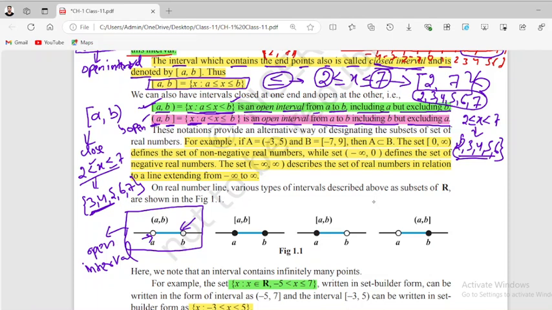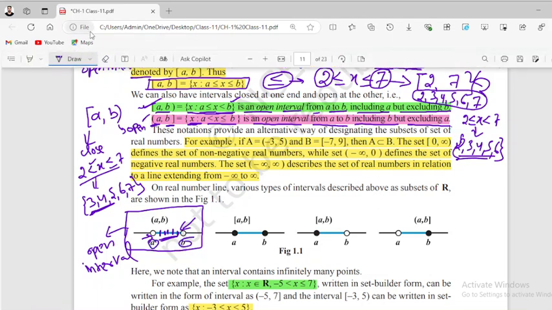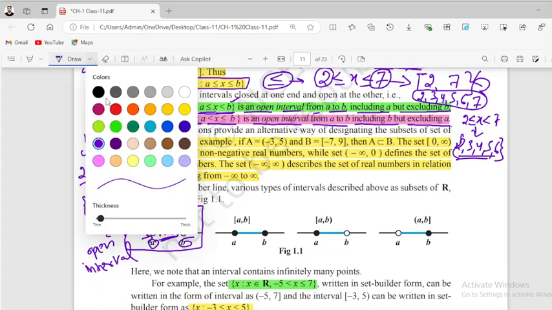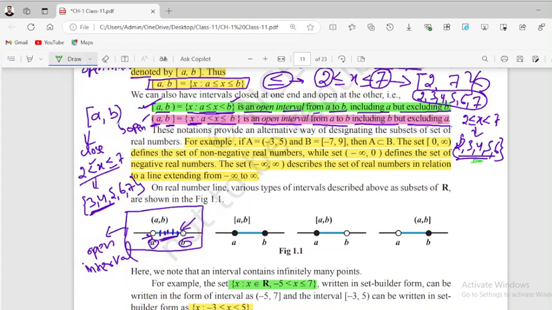We can take all the values between these two points, all the values of the interval which are possible, but we cannot consider a and b. And after that, let us understand another example, this one.